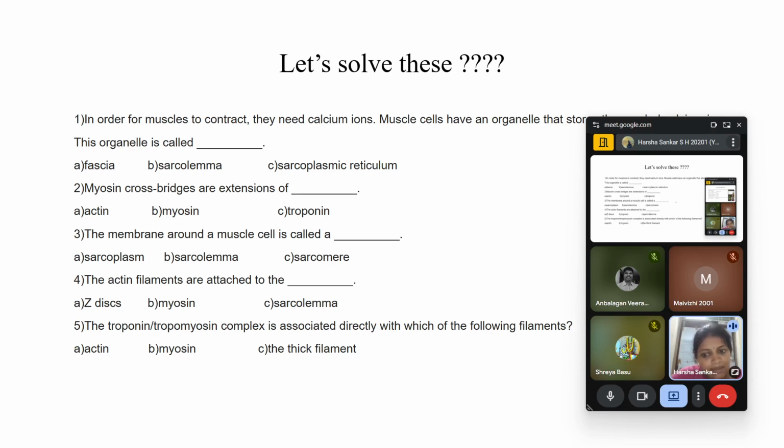Okay. The membrane around a muscle cell is called: option A sarcoplasm, option B sarcolemma, option C sarcomere.